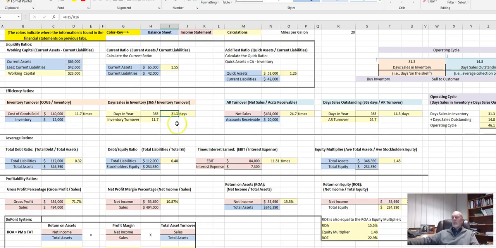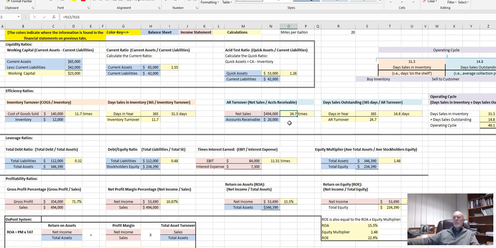We can do the same thing with accounts receivable turnover. We take the sales for the period, in this case $494,000, found on the income statement, divide that by the balance sheet number of accounts receivable, representing what customers owe us at a point in time. And in this example, the receivables were turning over 24.7 times in the year.